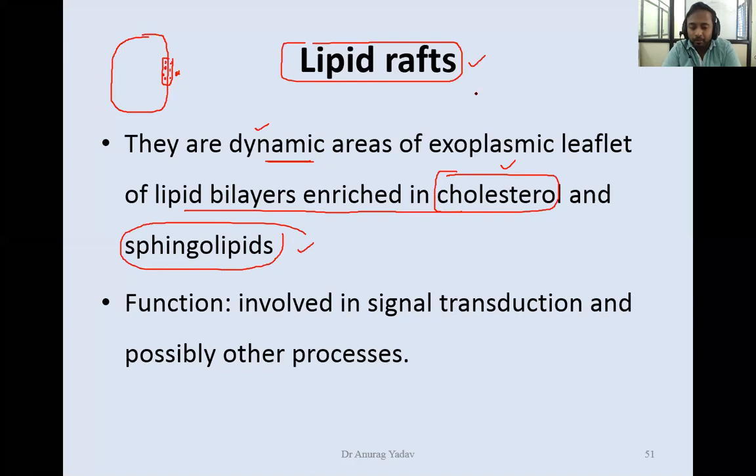What is the main function of this? It is majorly involved in the signal transduction process. In the hormones you have seen, there is something called the signal transduction pathway, in which the cell membrane obviously plays a very important role in transferring the signal, transduction of the signal.